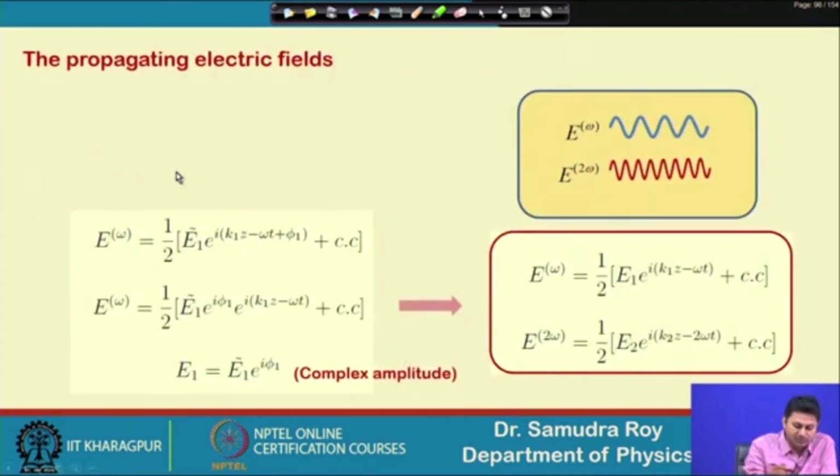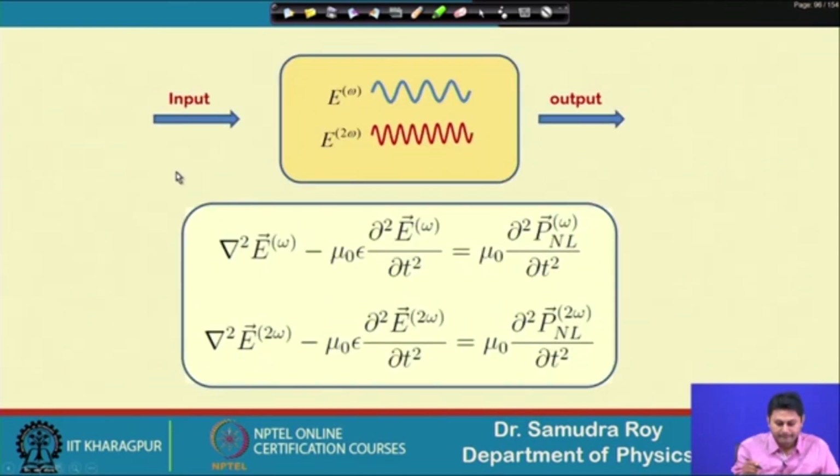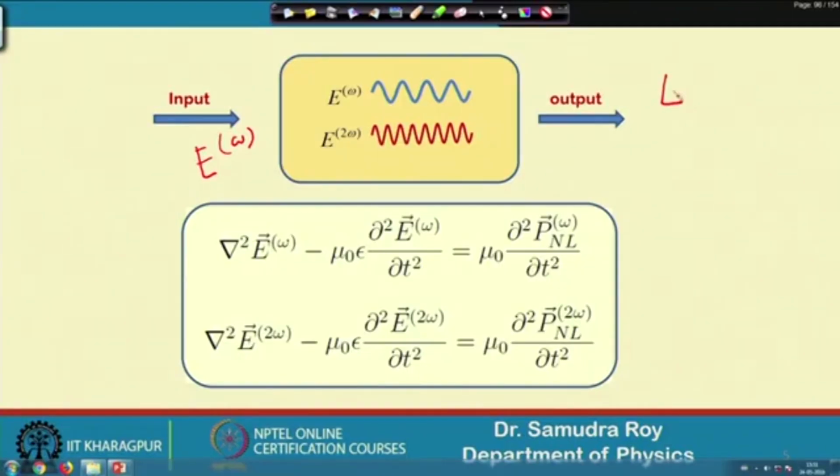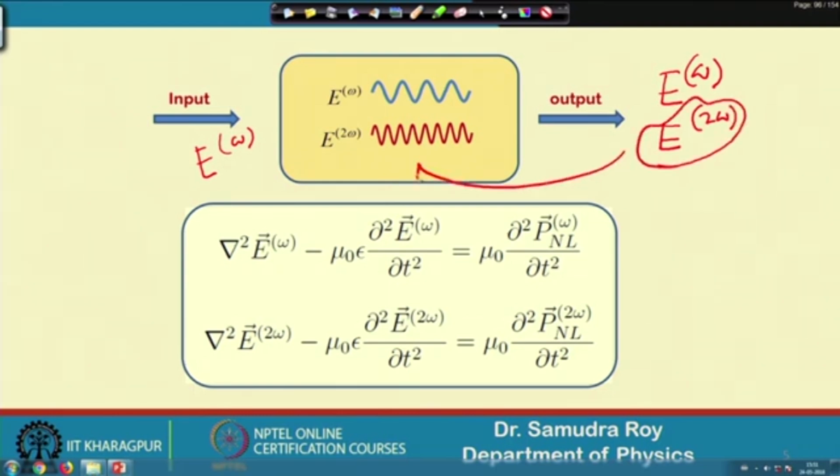If I launch electric field E of omega, and consider only second harmonic generation, then inside this system a second harmonic field will be generated. So, at the output we will have E of omega and E of 2 omega.